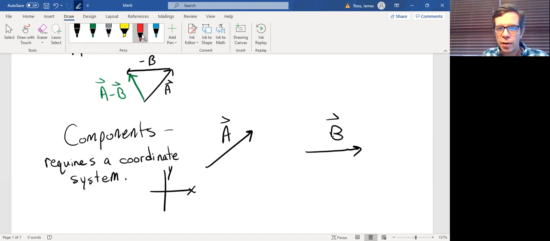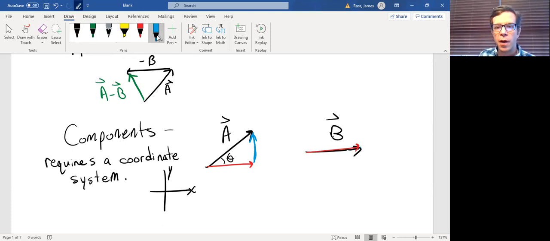So I'm going to use red for the component of A in the direction of X and red for the component of B in the direction of X. I'll use blue for the component of A in the direction of Y. And for B, there's no Y component. We would have to be given the direction of A somehow, right? This angle theta.